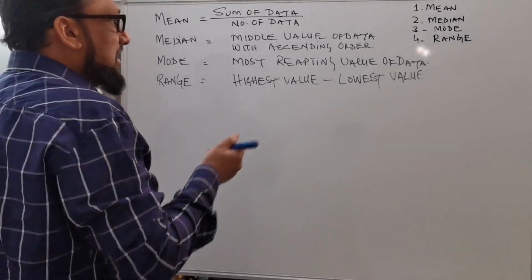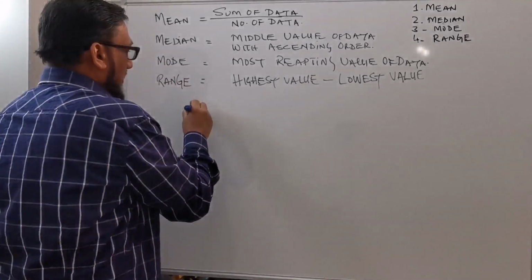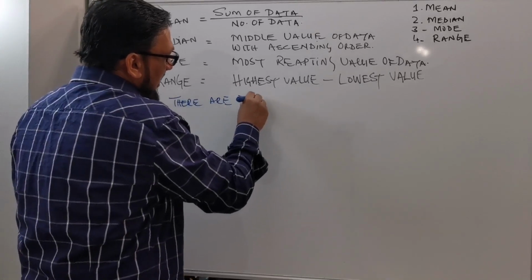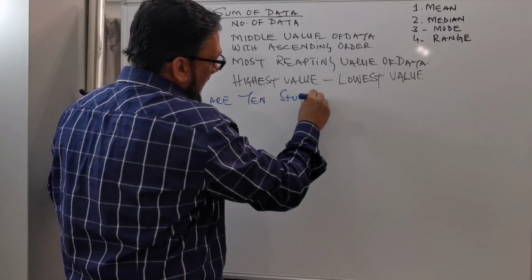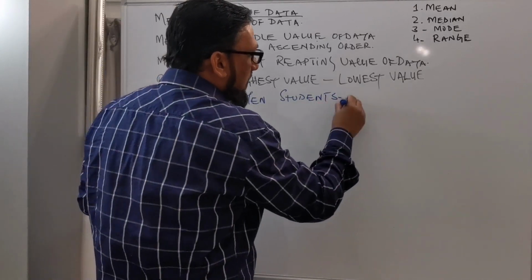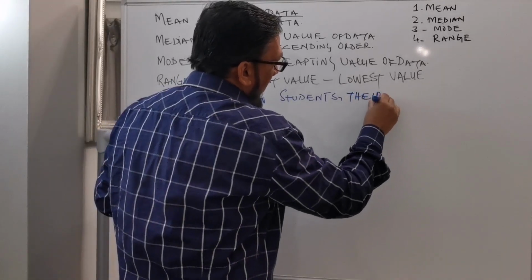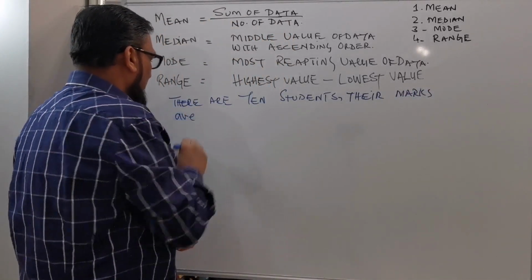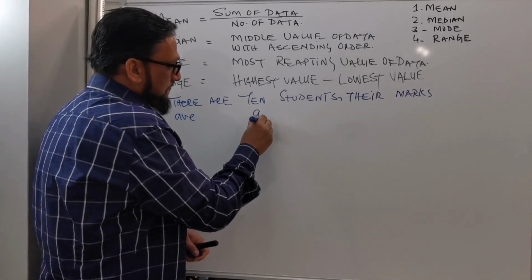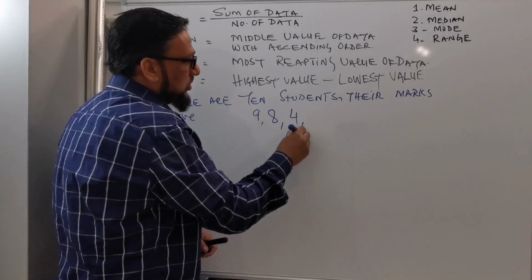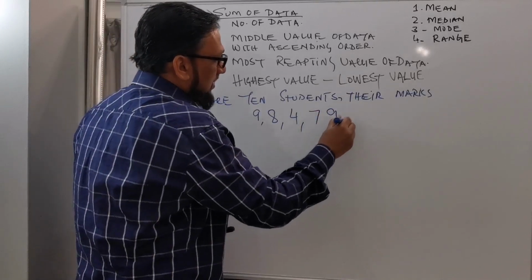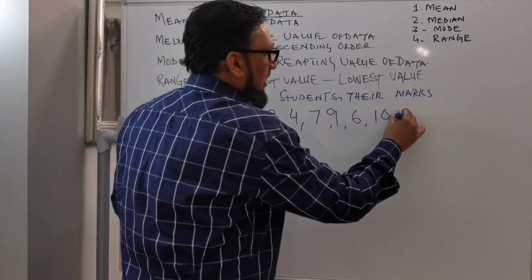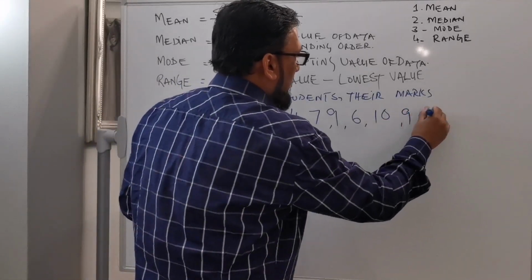So let me take an example: there are 10 students and their marks are 9, 8, 4, 7, 9, 6, 10, 9, 5.